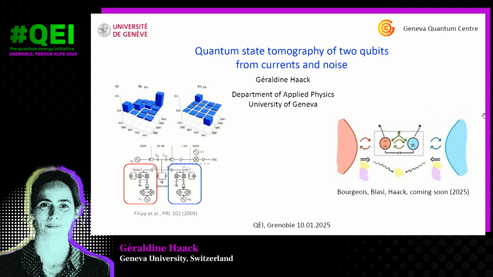If there is some out of equilibrium situation induced by a temperature gradient between the two baths or a voltage bias, then there will be currents flowing through the system. And what we did is to propose a way to extract information about the density operator from the currents only.